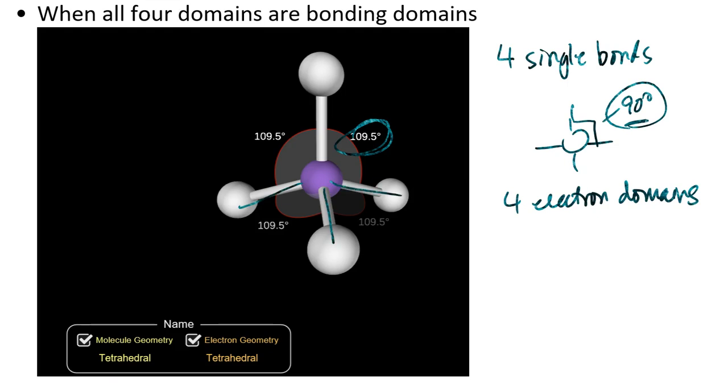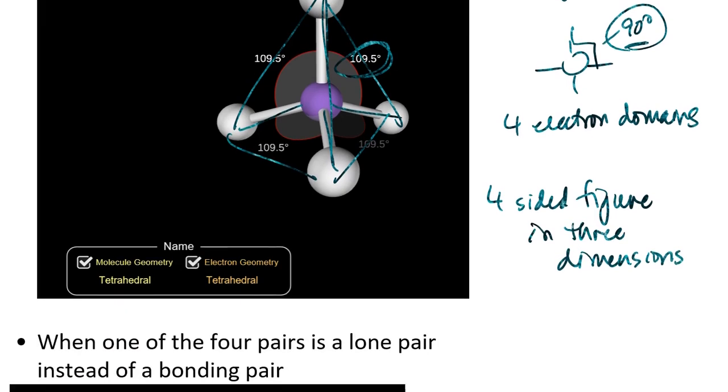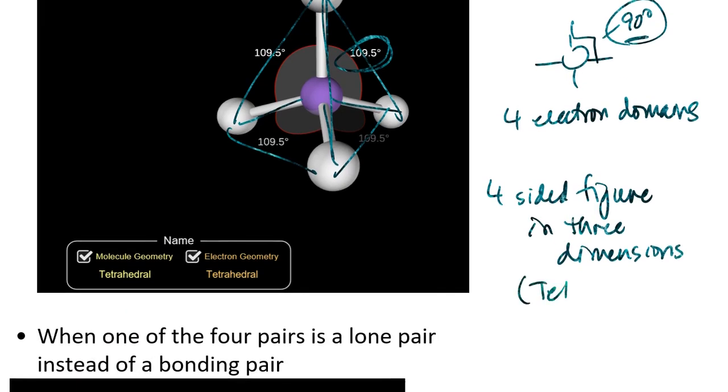It sort of looks like a pyramid with an antenna sort of sticking out of the top. And essentially what I get if I connect the sides together, and it's sort of hard to see even in this picture alone, is a four-sided figure in 3 dimensions. And that type of figure is called a tetrahedron.